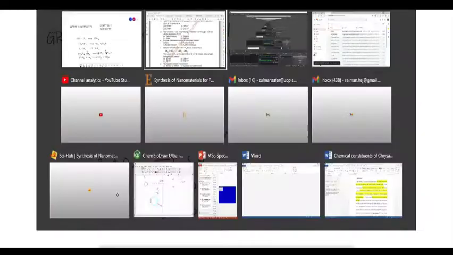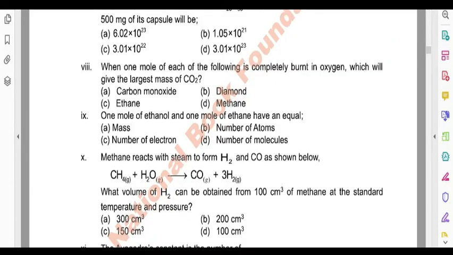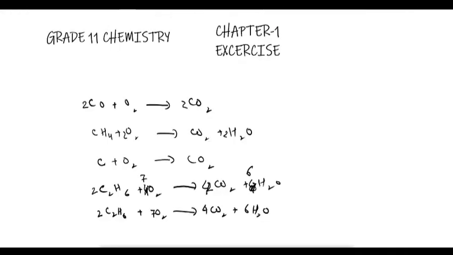Let's go back to the question, what it states. After combustion of all of these 4, which one will give the largest mass of carbon dioxide when 1 mole of each of the following is completely burnt? So when 1 mole of carbon monoxide is completely burnt, it will give 1 mole of carbon dioxide, that is 44 grams of carbon dioxide.